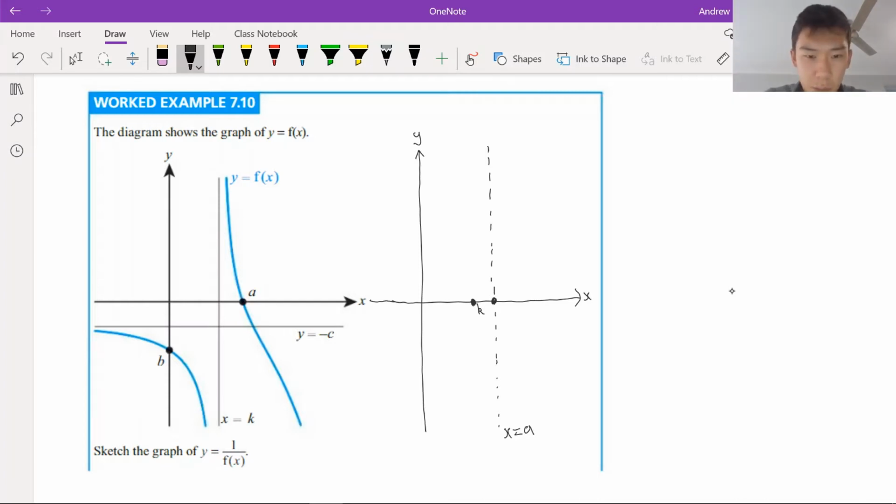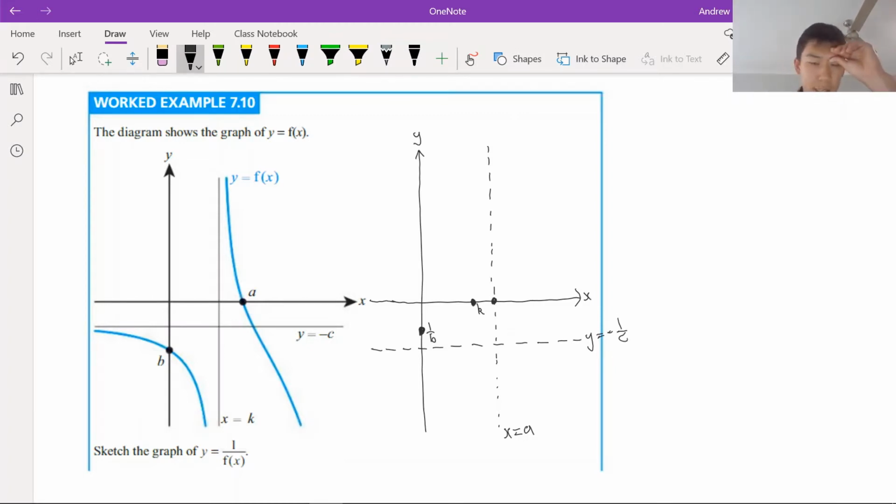Alright, so essentially what I'm trying to say is that 1 over negative c is going to be lower than 1 over b. So let's say it doesn't matter what value b is or c is, and this is going to work. So let's say that's our 1 over b, and then I'm just going to put an asymptote at y equals 1 over negative c or negative 1 over c.